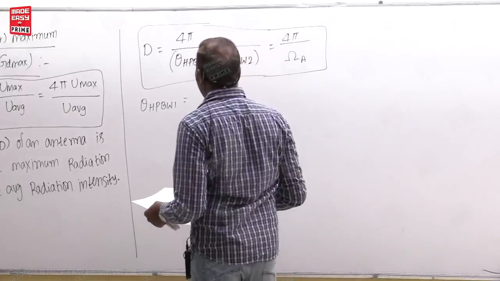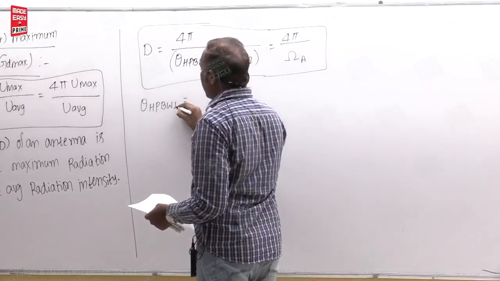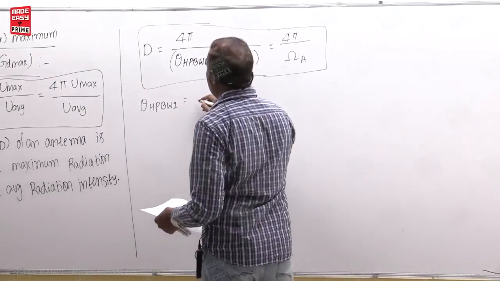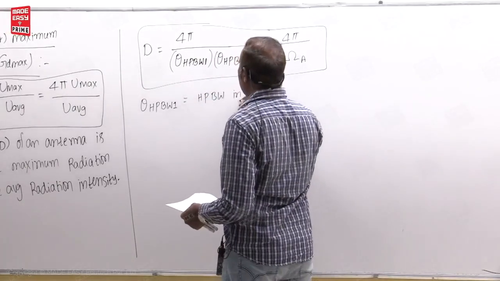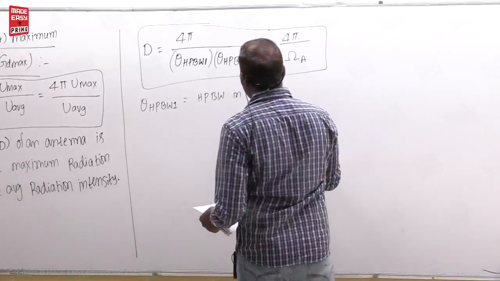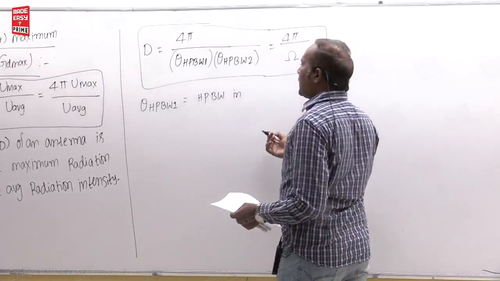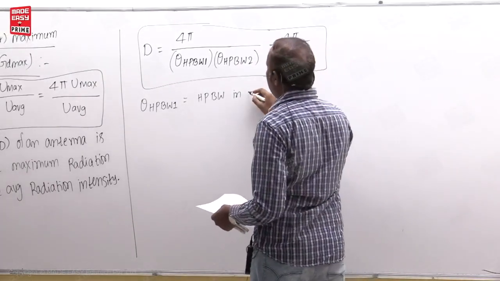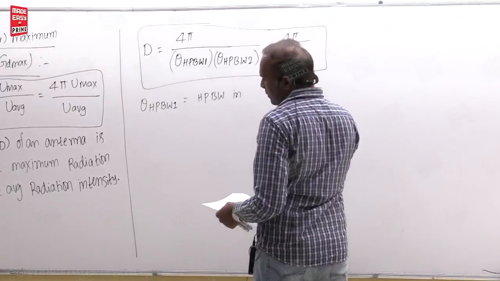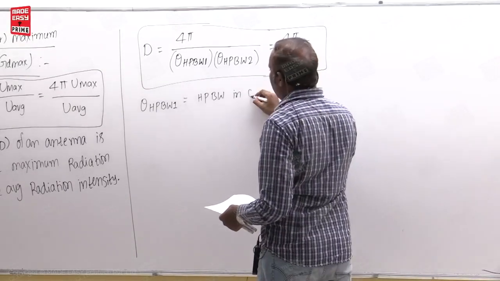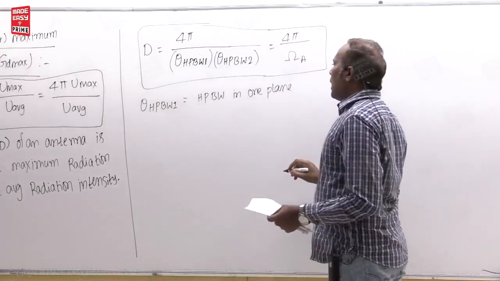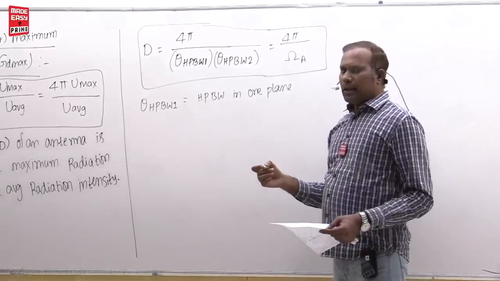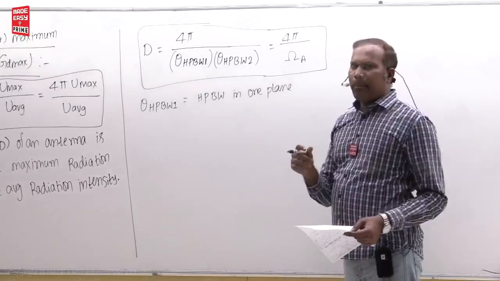So theta half power beam width 1 means half power beam width in, you can say, the horizontal plane, in one plane. Actually student, half power beam width in one plane means this radiation pattern is like a balloon.